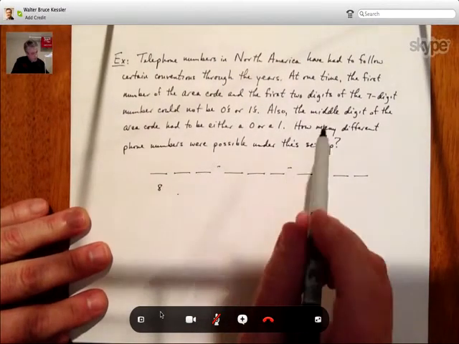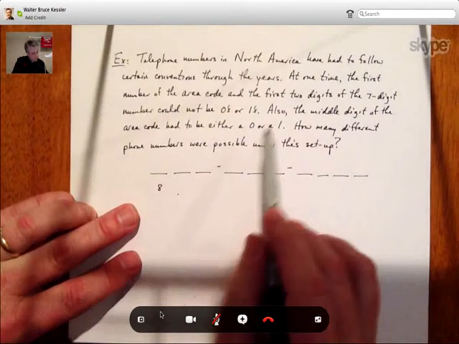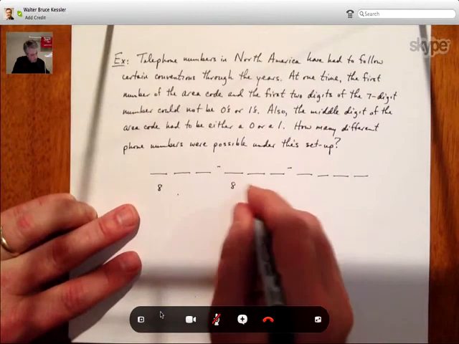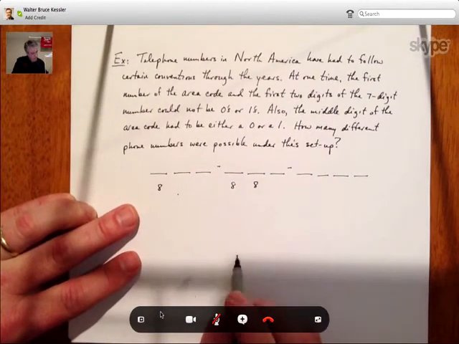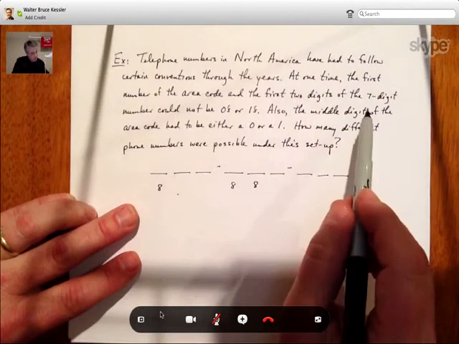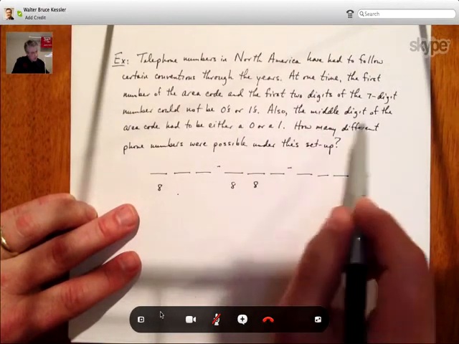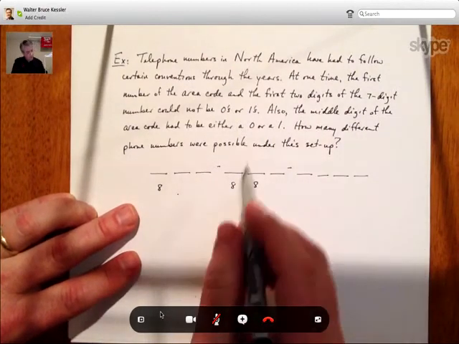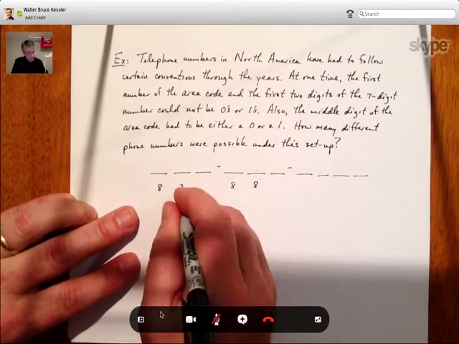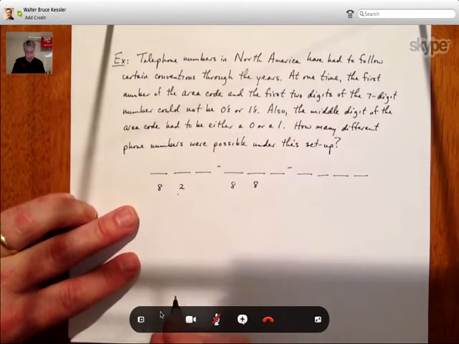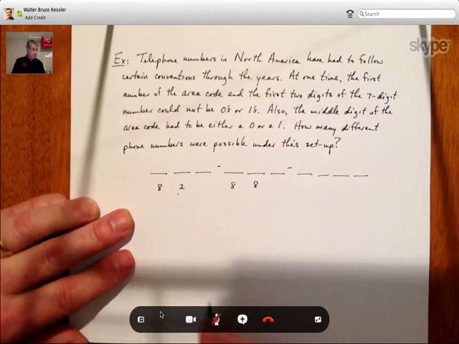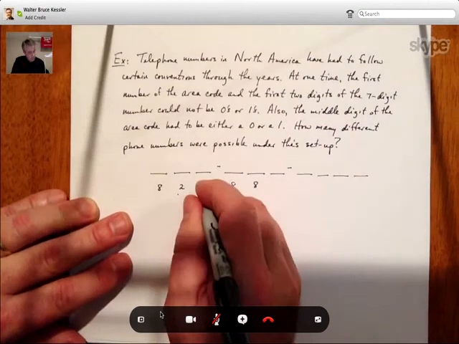So, the first number of the area code and the first 2 digits, so 8 choices here, 8 choices there. And the middle digit of the area code had to be either 0 or 1, so we have only 2 choices there. And then everything else, we've got 0 through 9.